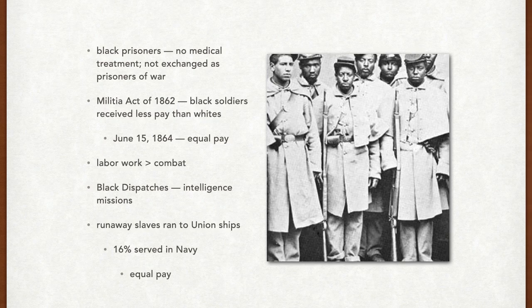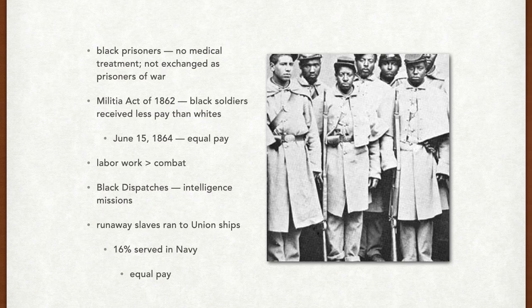So they technically got $15.50 a month so that they could pay for their uniforms, which sucks, right? Many regiments struggled for equal pay, some refusing any money in pay until June 15, 1864, when the Federal Congress granted equal pay for all soldiers.